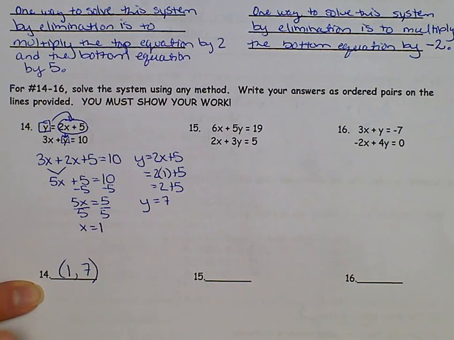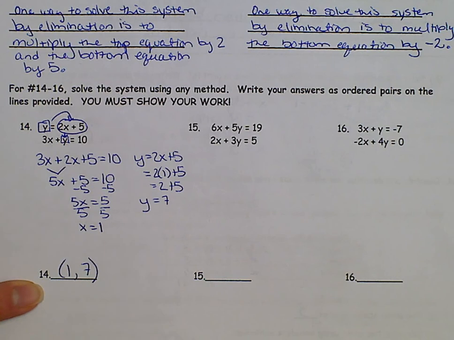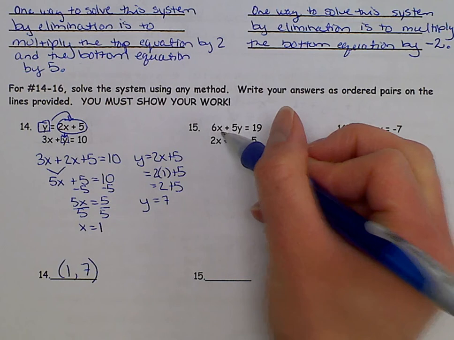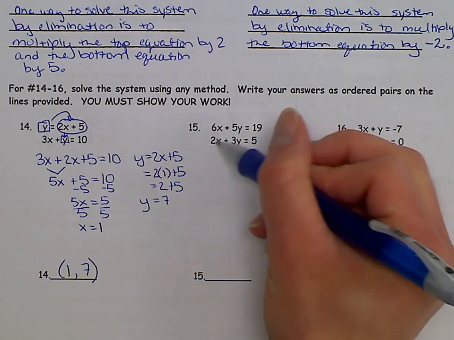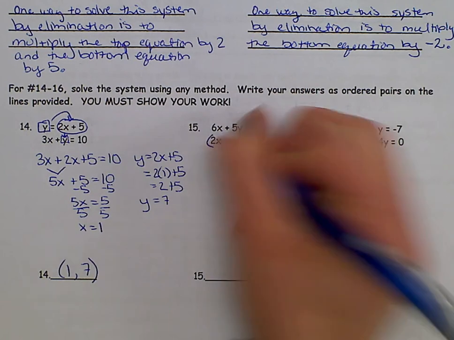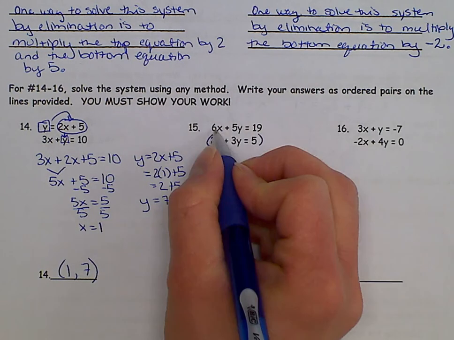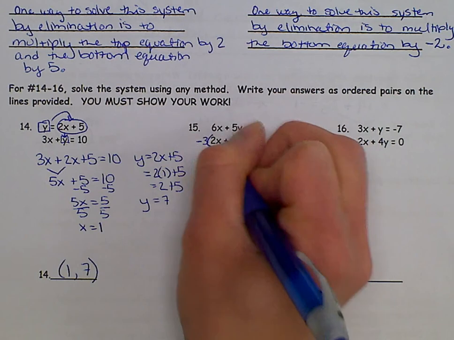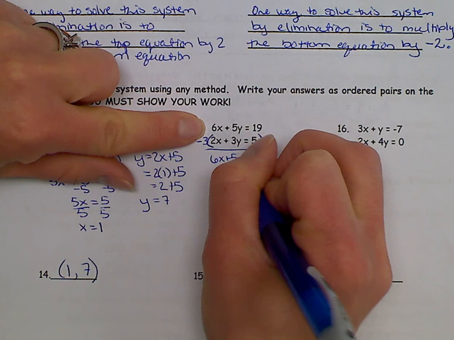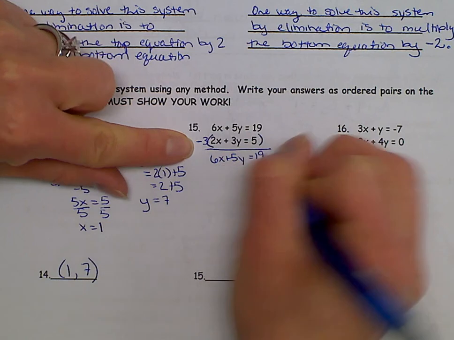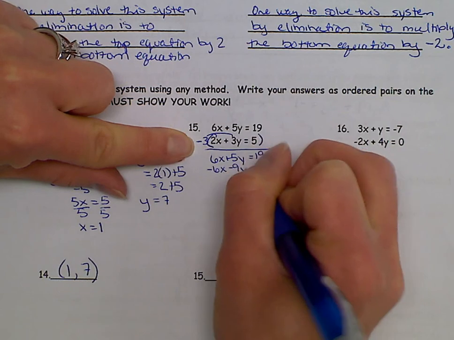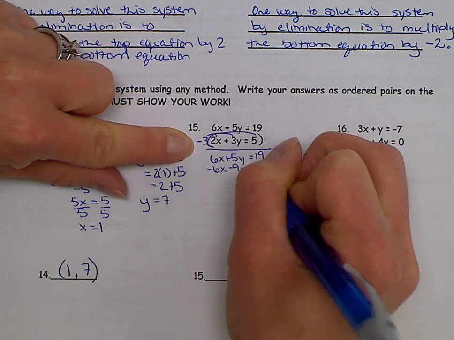Okay, and number 15. Since I have these in standard form, ax plus by equals c, all of them have coefficients other than 1, I am going to solve by elimination. I'm going to eliminate my x's. I'm going to multiply my second equation by negative 3. So I'm going to rewrite my first. We're not changing that. My second equation will become negative 6x minus 9y equals negative 15.